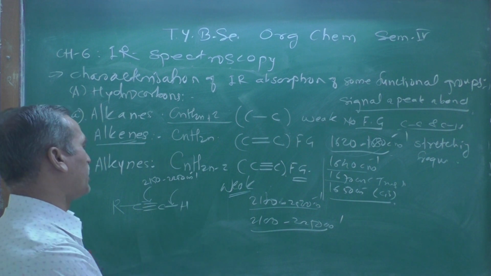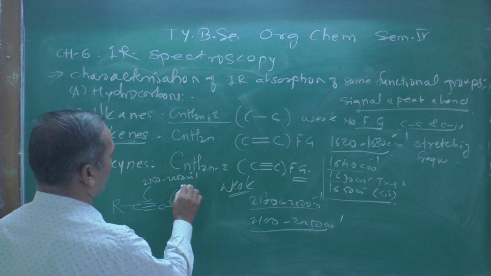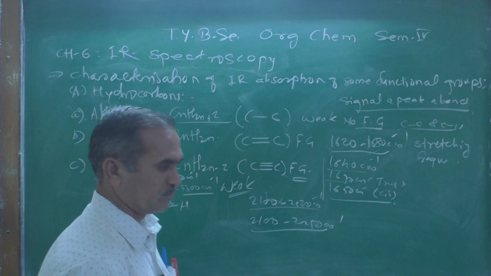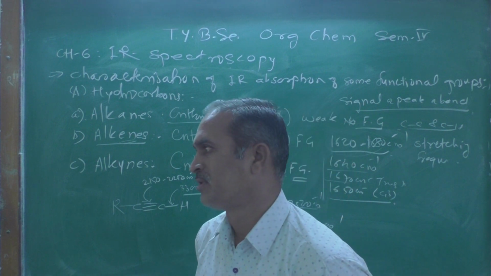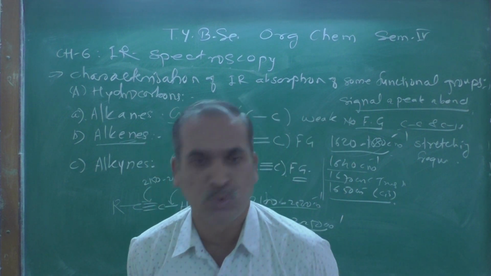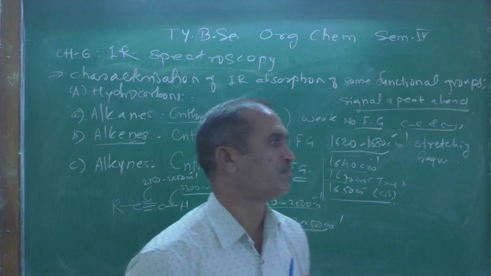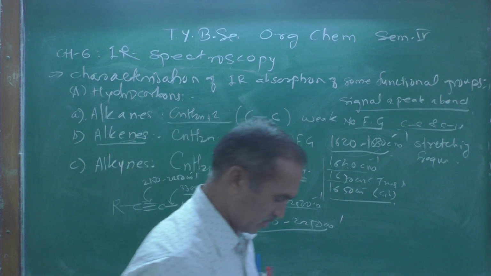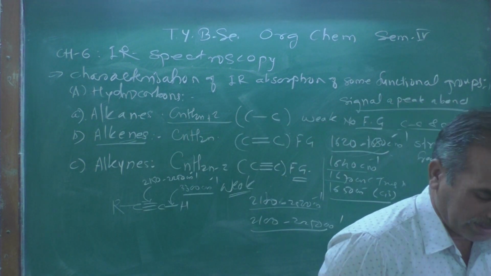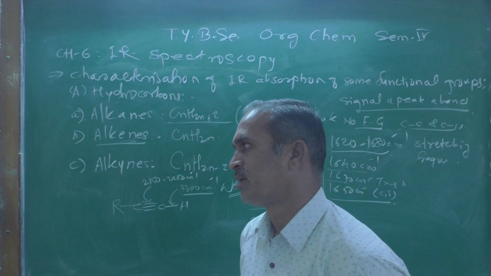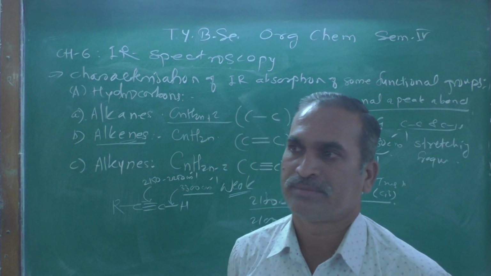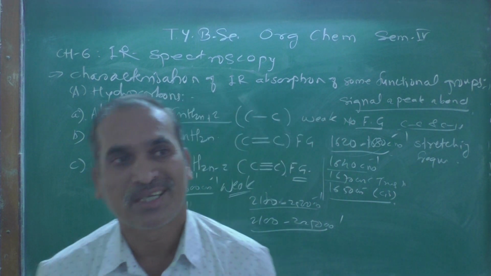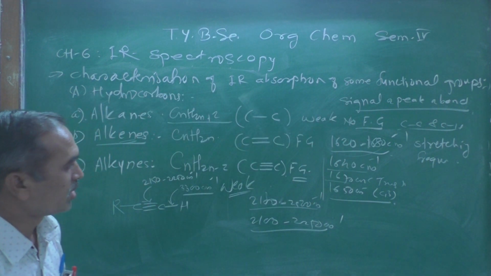In addition, the peak around 3300 per centimeter clearly indicates the presence of the acetylenic CH stretching, and these two peaks together show the presence of a terminal alkyne in the organic compound.